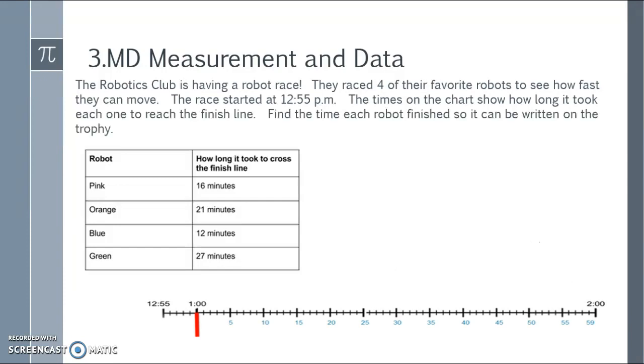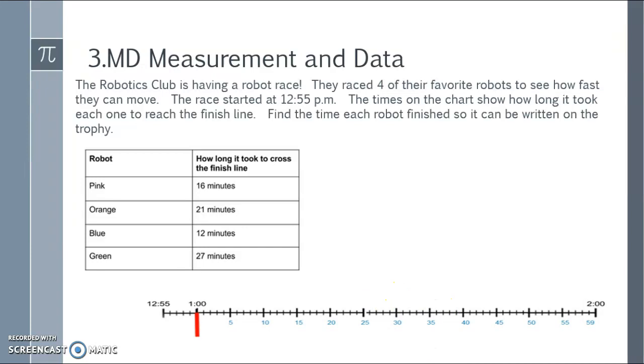So the race started at 12:55 p.m. I have a number line here, and notice that I start my number line right here at 12:55. And then I've got a red benchmark of 1 o'clock. Notice that it is broken into smaller benchmarks of 5 minutes in between.